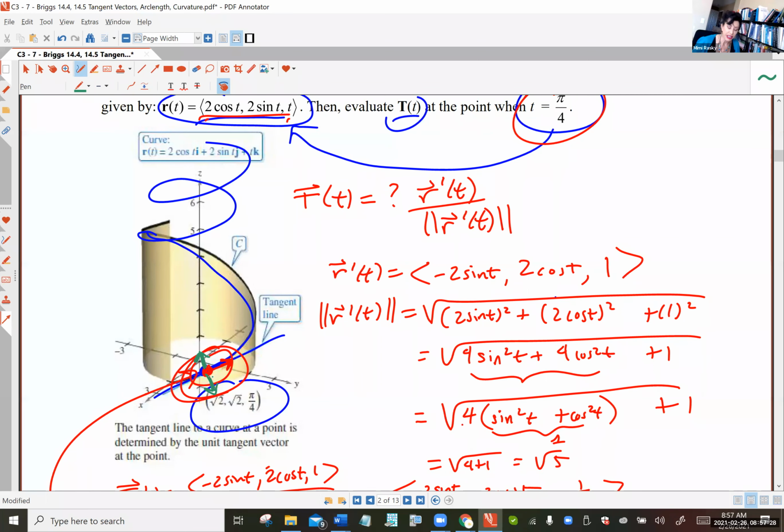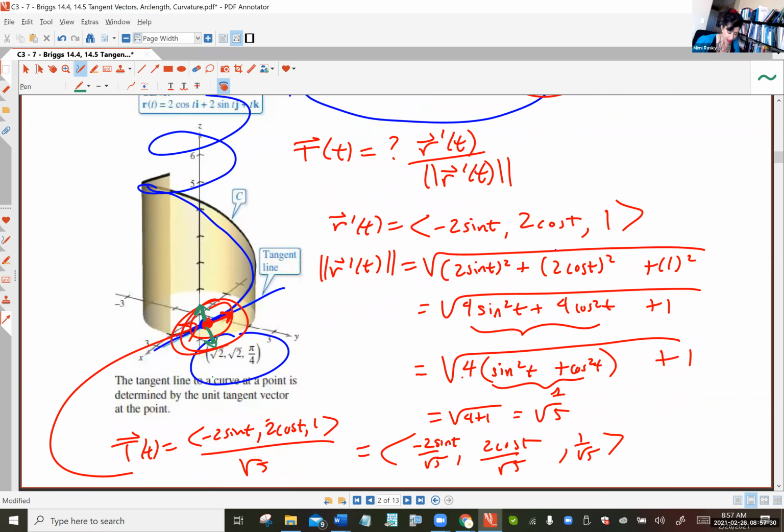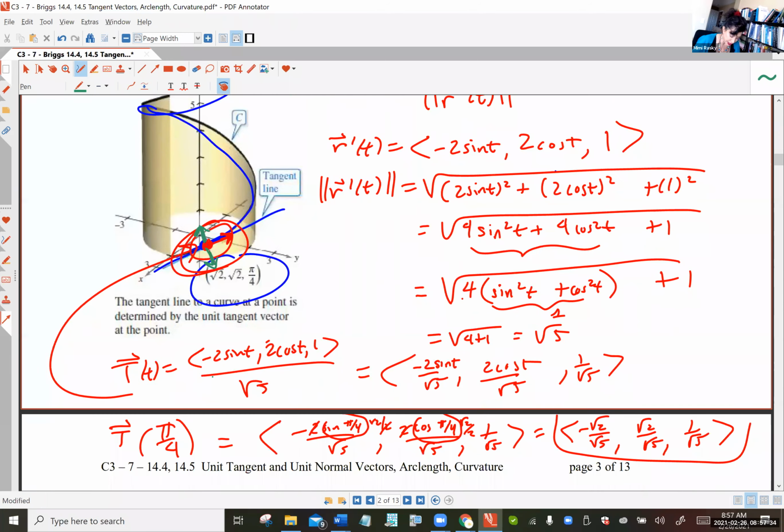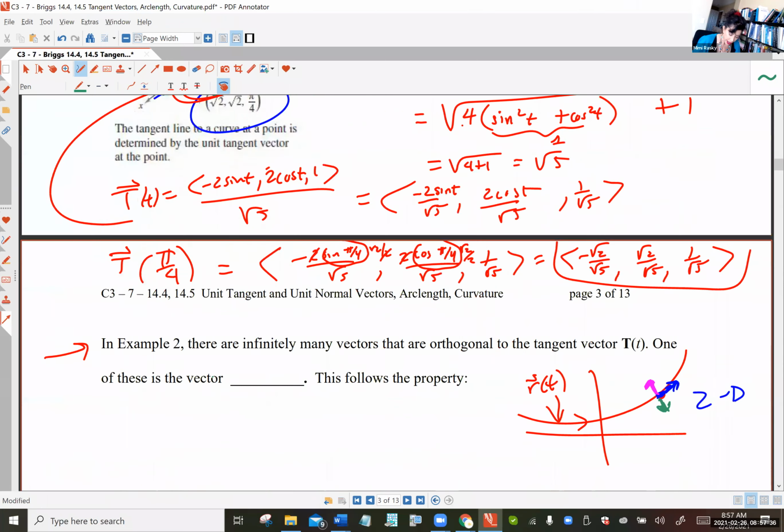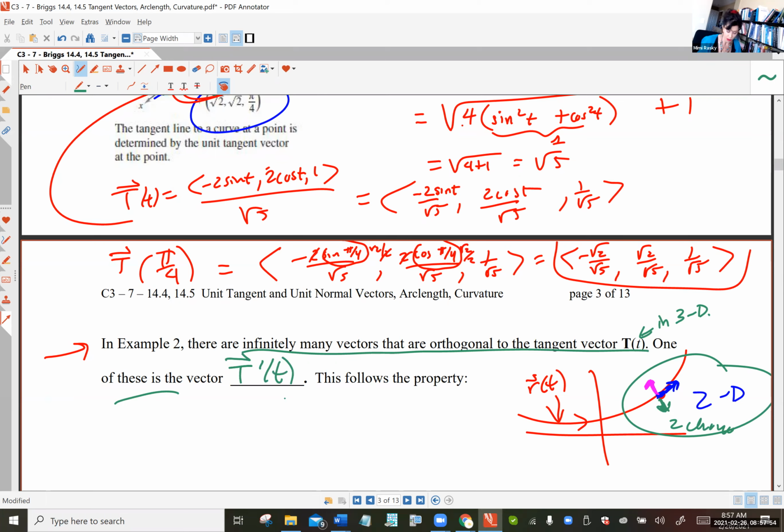And I claim there's infinity possibilities, pointing out of the page, as long as it's making a 90-degree angle, it would be orthogonal. So it turns out there are infinitely many vectors that are orthogonal to the tangent vector in 3D. In 2D, you only have 2 choices. But one of these, it turns out, is the vector T prime.